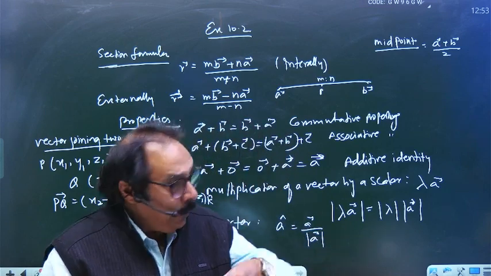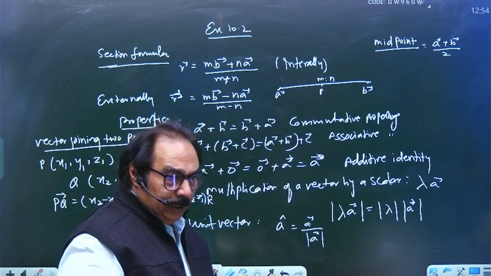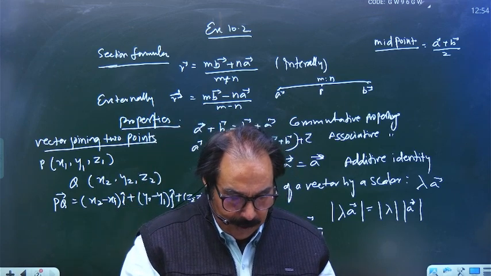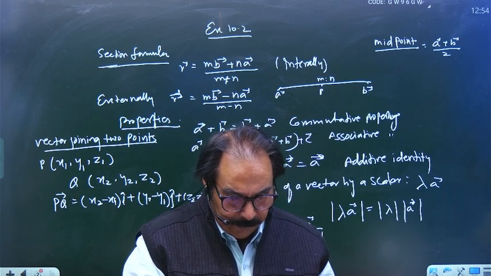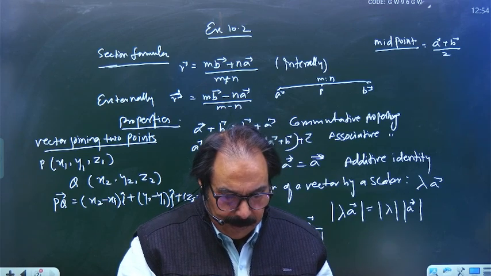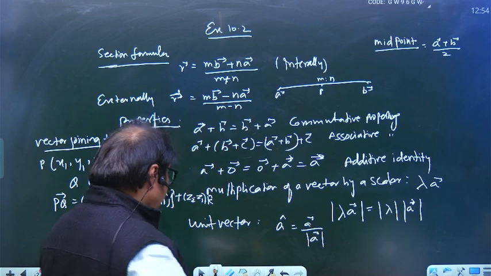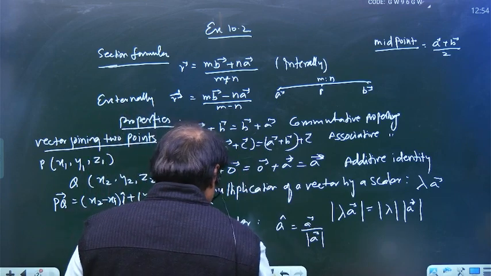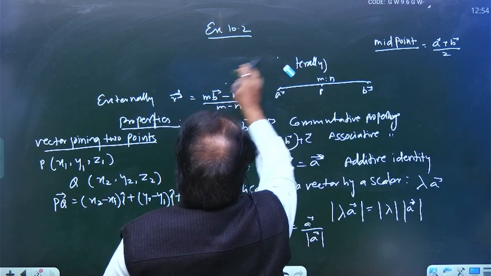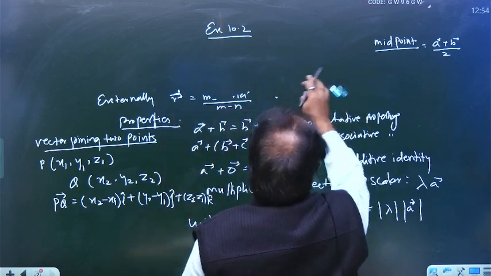Okay. So keeping this concept in mind, now we will switch over to the exercise of your book. The very first question is: compute the magnitude of the following vectors. Let me erase, then we will start the solution question-wise.